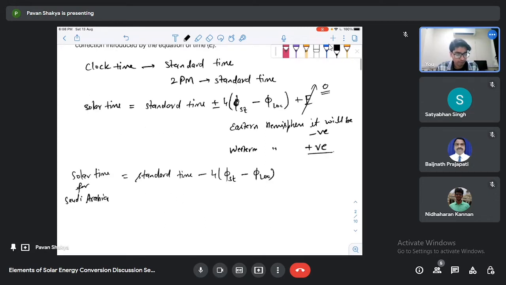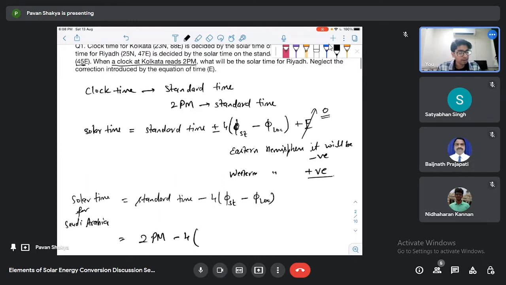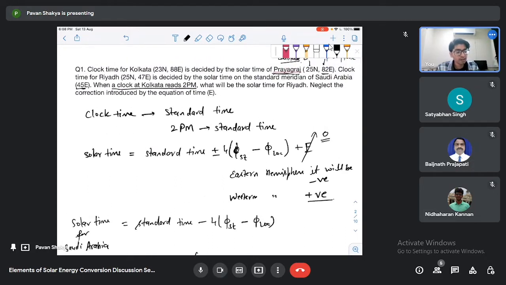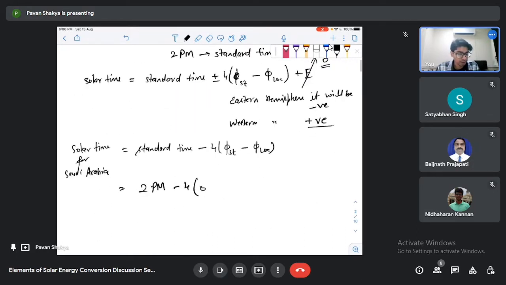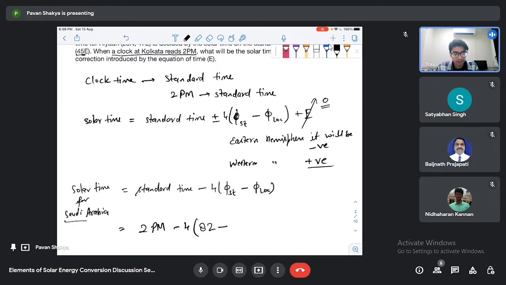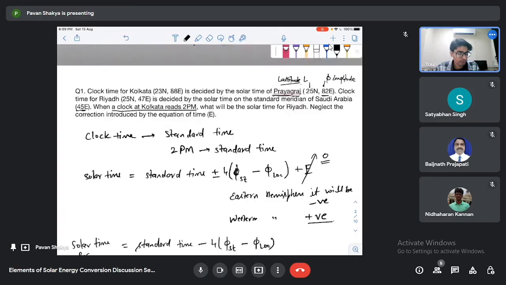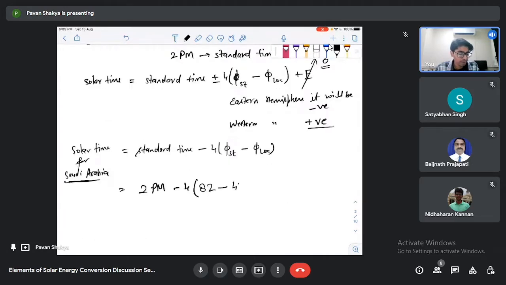The standard time is 2 p.m., minus 4 times the longitude of the standard location, Prayagraj, which is 82 east, minus the local, Saudi Arabia, whose longitude is given as 45.